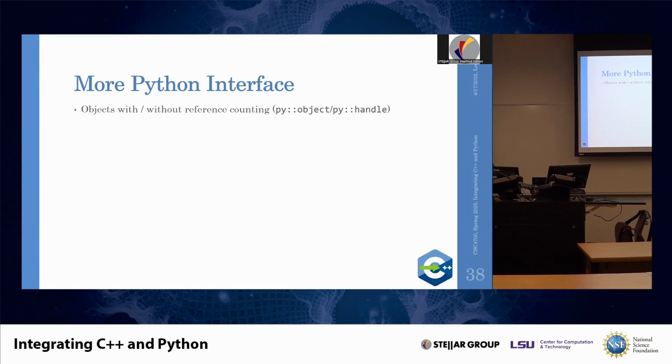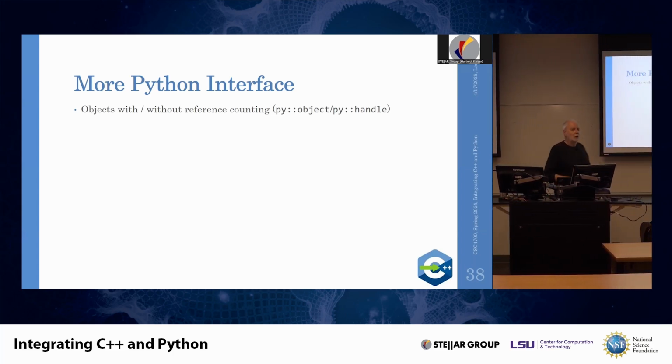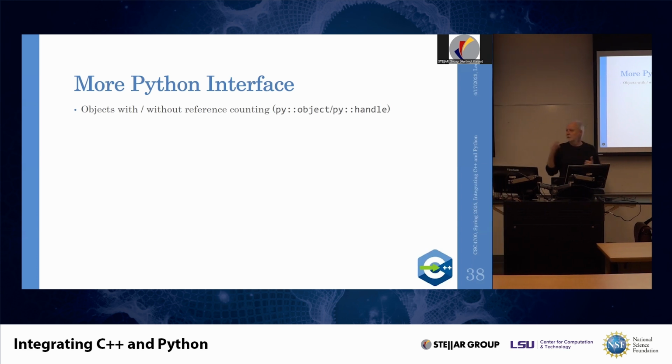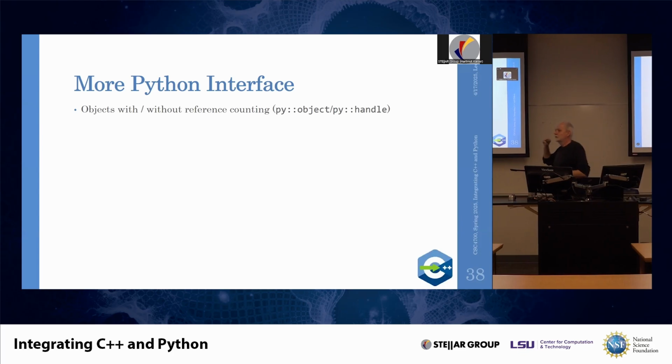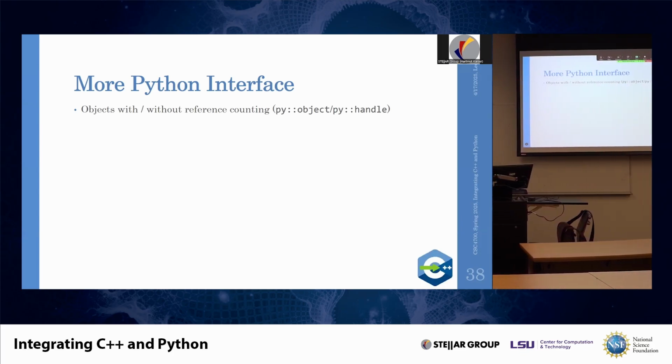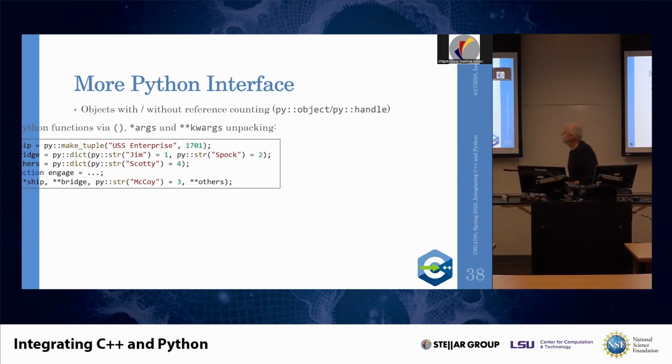So you don't have to worry about reference counting at all because the C++ compiler does that for you. And all the Python objects, PyString, PyList, PyDictionary, and so on, do that automatically because they are derived from PyObject. If you ever want to avoid reference counting, just use PyHandle, which is just a plain wrapper around the pointer without doing that reference counting.